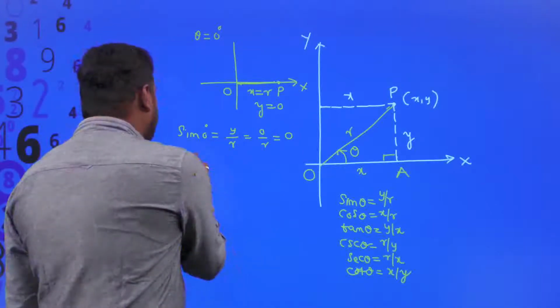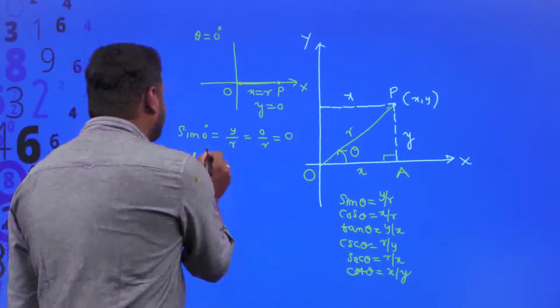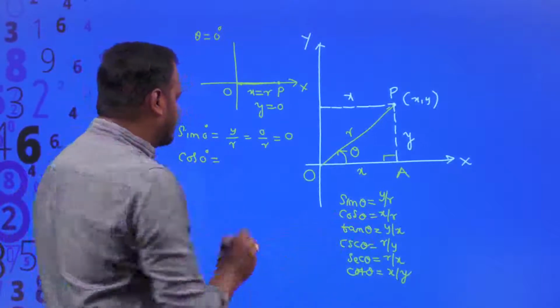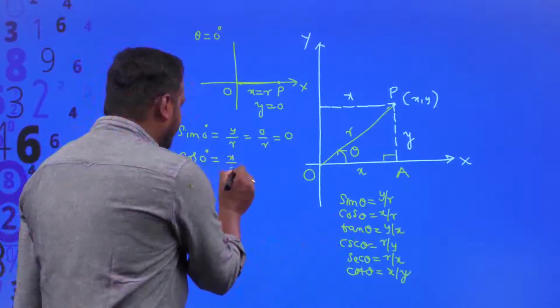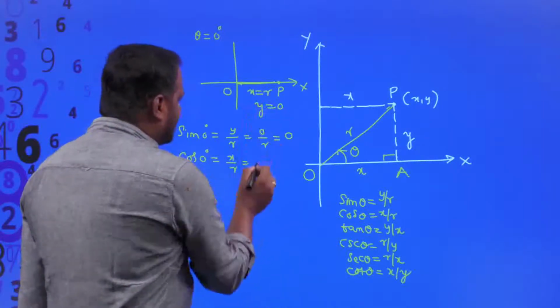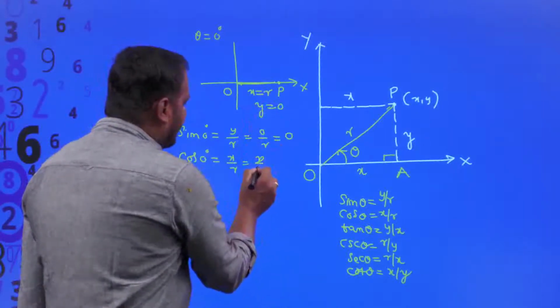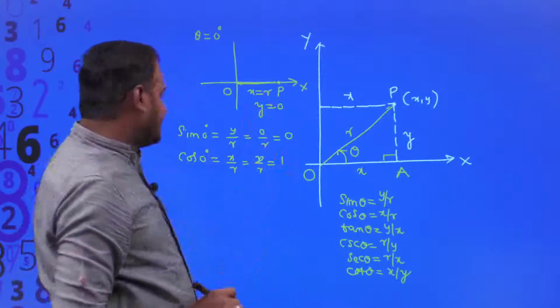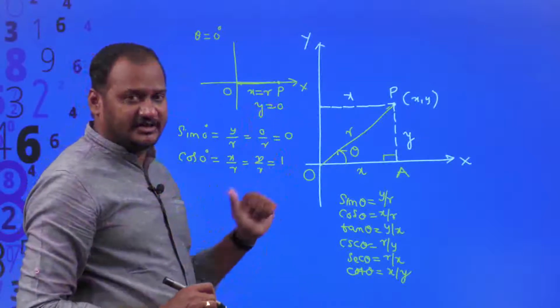And coming to cos, so cos 0 degrees. Cos theta at 0 degrees is equal to x divided by R. The value of x and R are both equal, so R divided by R is equal to 1. So that is the value of cos 0 degrees.